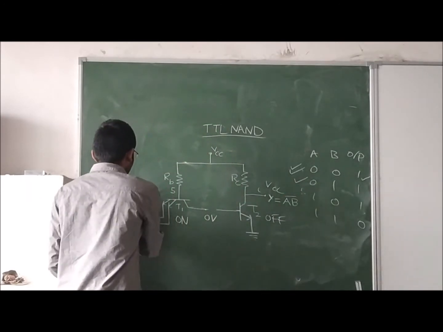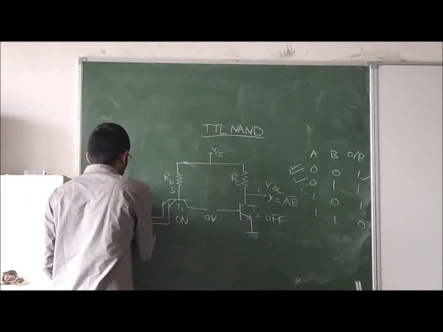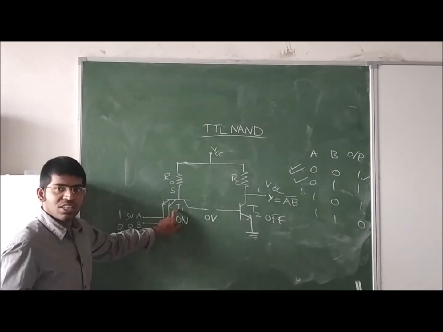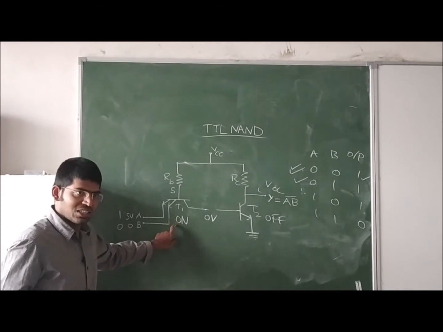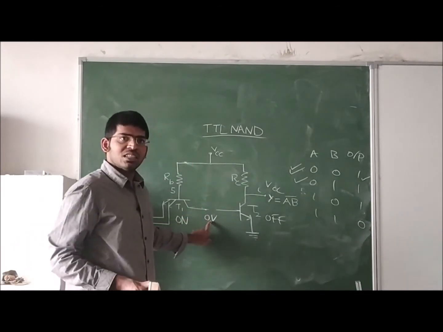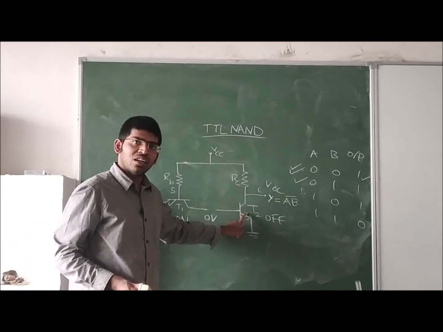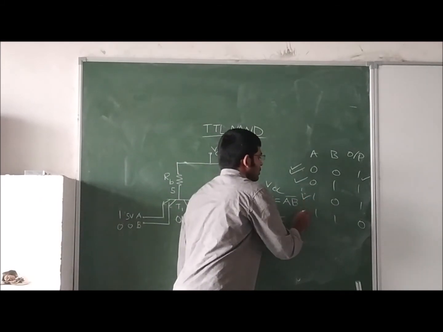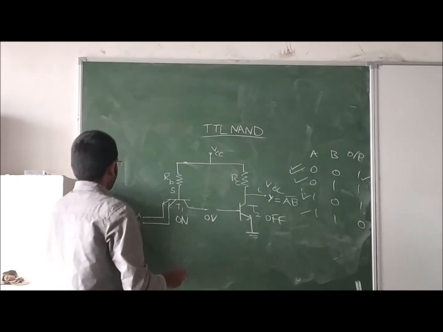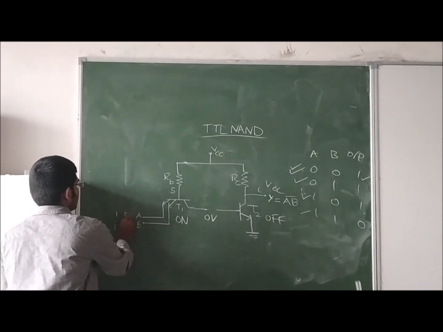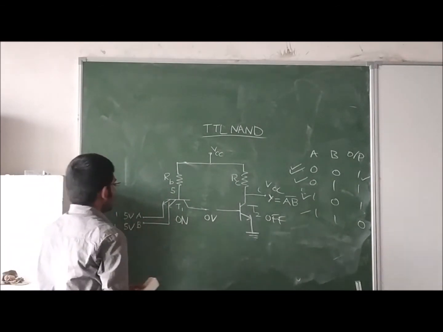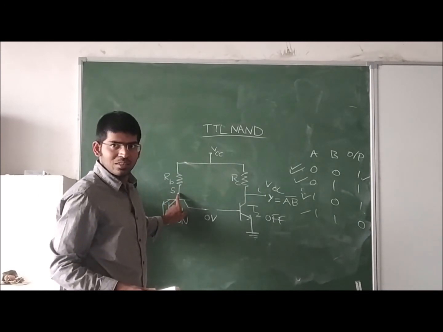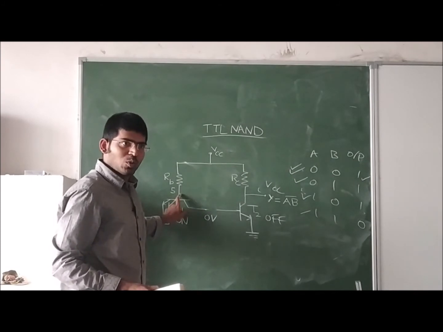Now if I change to 1, 0, again this T1 is in on condition. What is the collector voltage? T2 is in which condition? Next, with respect to the emitter, the base voltage is 0.